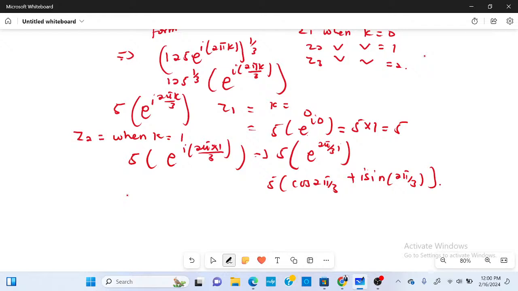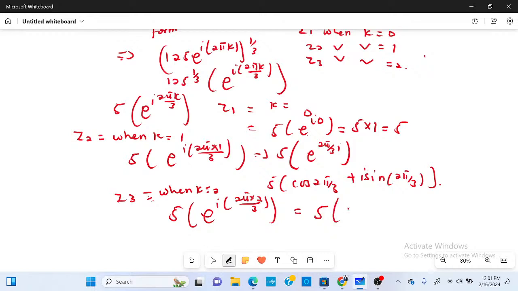Then finally our third root is when k is equal to 2. So when k is equal to 2, we simply get 5 multiplying the expression e to the power I 2 pi times 2, which is the value of k, all over 3, which is equal to 5 multiplying e to the power 4 pi on 3i.